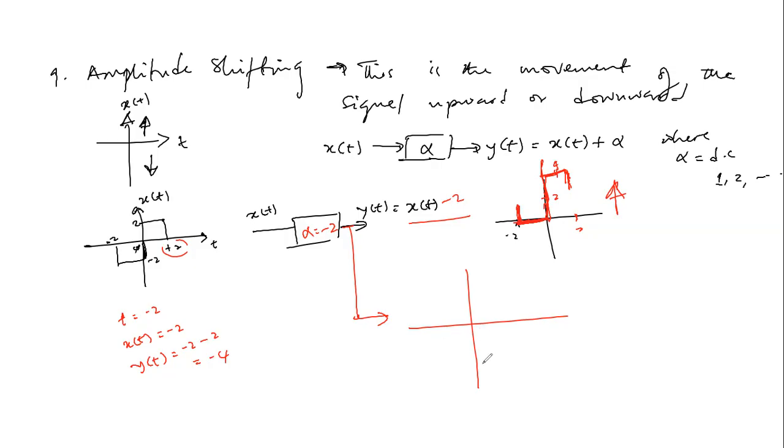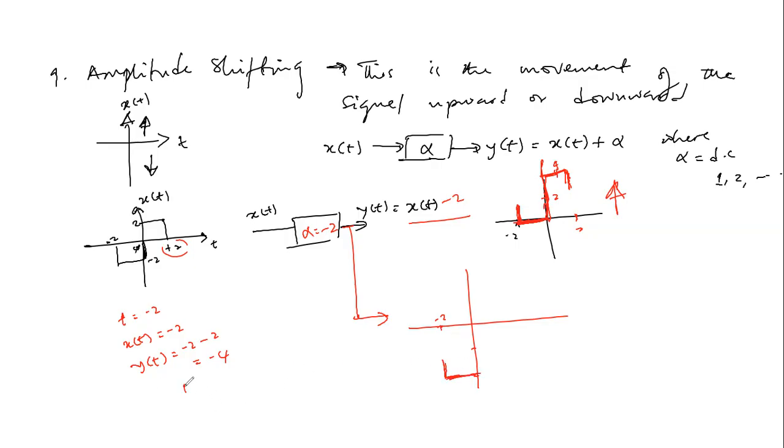So it means the amplitude, we have 2 here, and we have 4 here. So at t equal to -2, what you get is this.